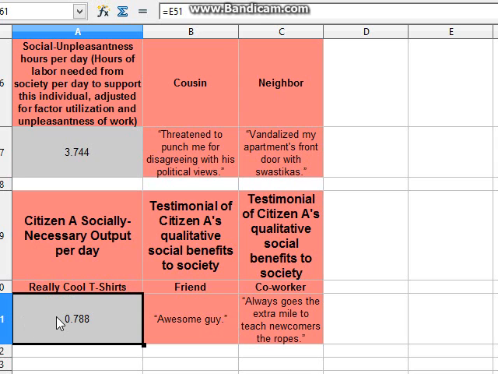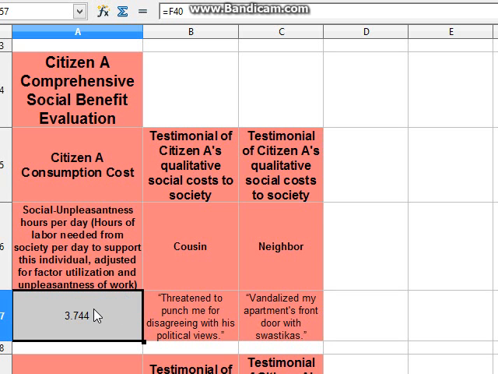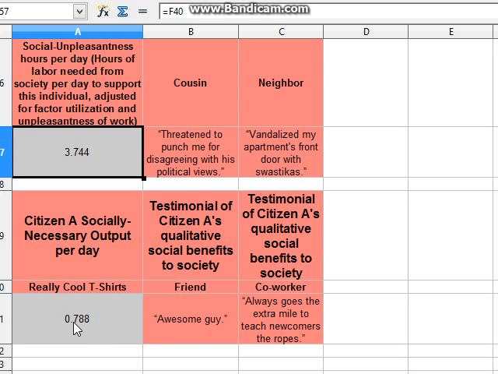And there's no really way to tell the worth of a use value except subjectively. All right. So you got to decide, is it worth it to produce about 0.8 really cool t-shirts by expending this much socially unpleasant labor per day? Is this a good price? I don't know.